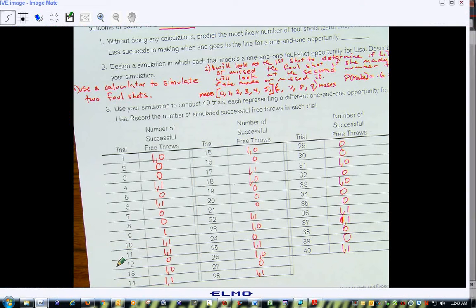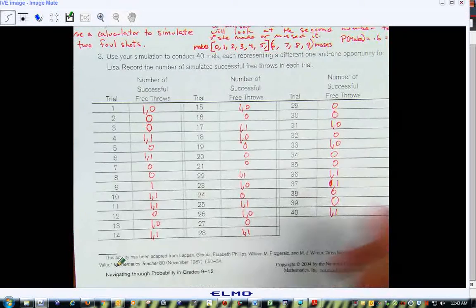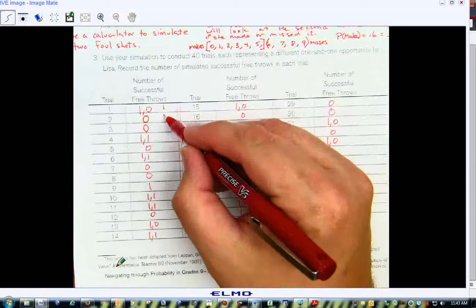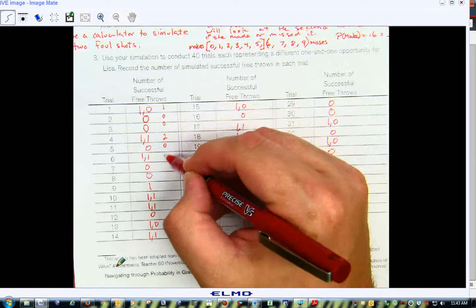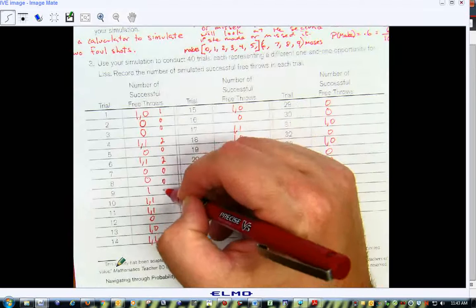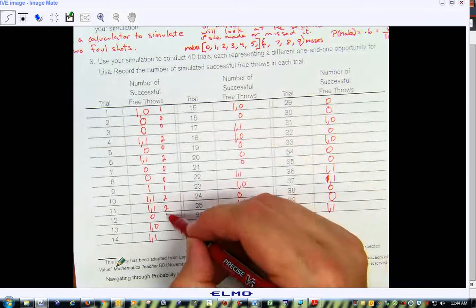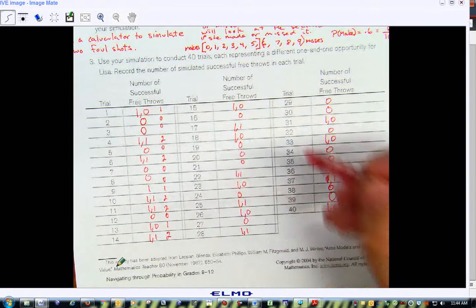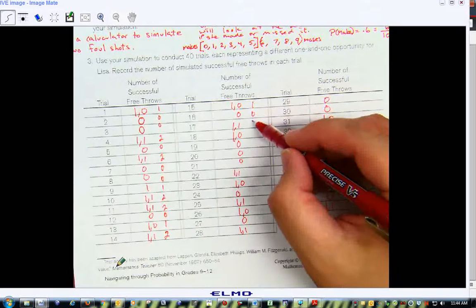You could, if you wanted to, have just put 1, 0, 0, 2, 0, 2, 0, 0, 1, 2, 2, 0, 1, 2, 1, 0, 2, 1, 0, 0, 0. You could have done that as well.